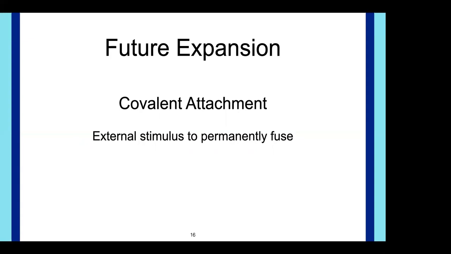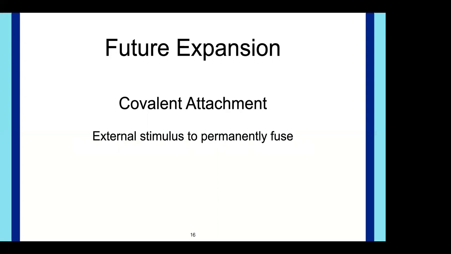such as alkenes, that could bind together after an external stimulus to permanently fuse these that might be similar enough to the alkane thiolates. But that's kind of a future expansion of the project to see if we can make permanent attachments of these nanoclusters into lump-size superclusters.